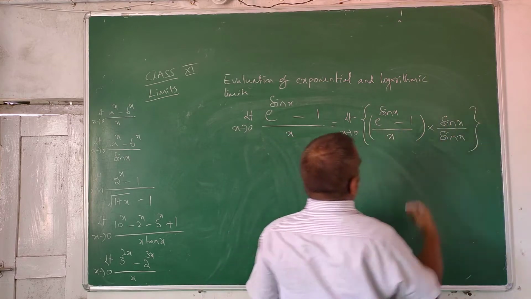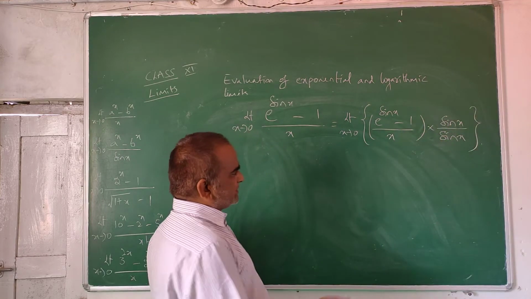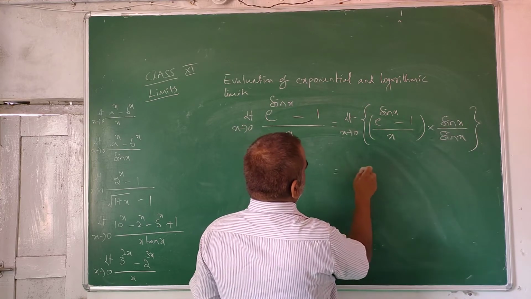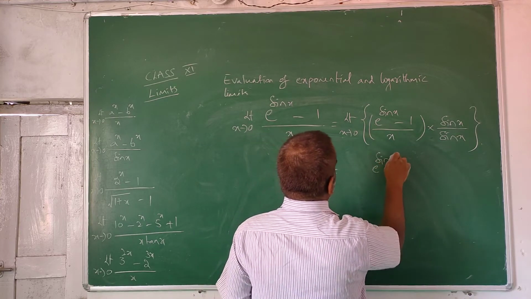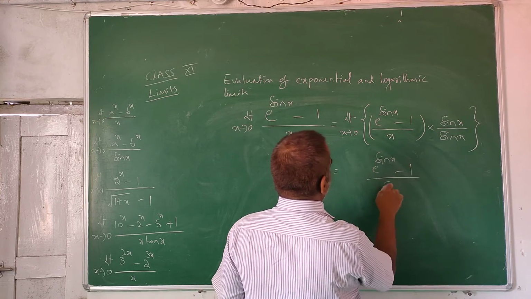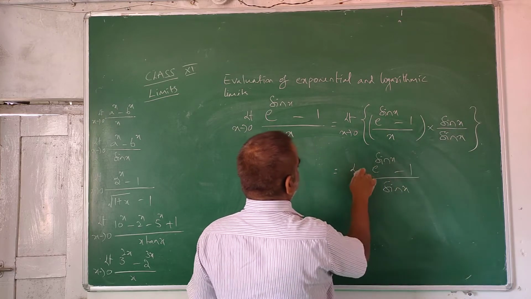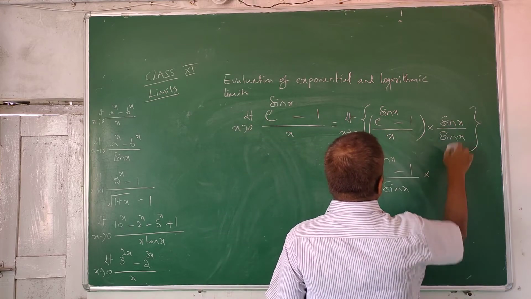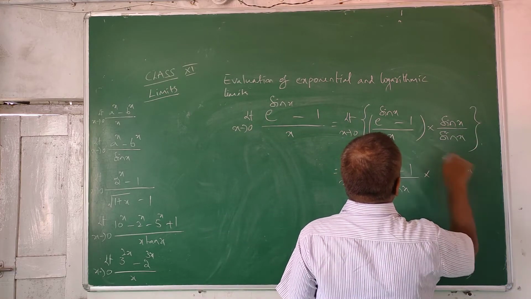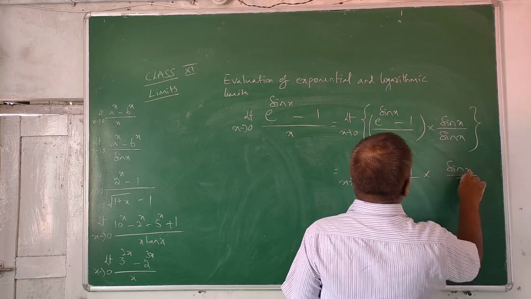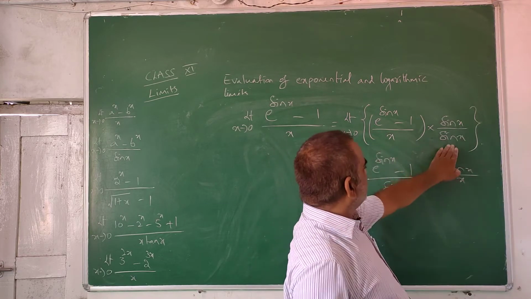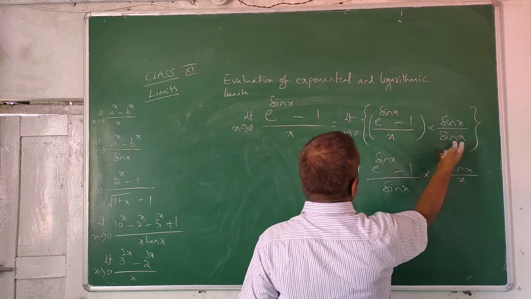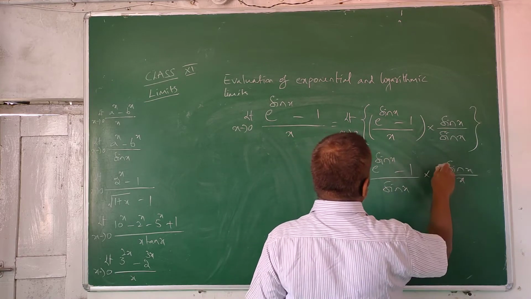So I multiplied and divided by sin x. Now I will interchange these terms, then it will become e power sin x minus 1 by sin x. You separate the limits also, limit extends to 0. Now here sin x, and if you transfer this x this side, just interchanging the position like this, I jumped x towards there, sin x here. So limit extends to 0.